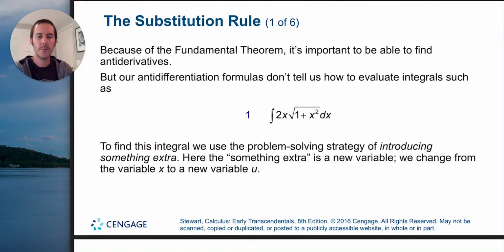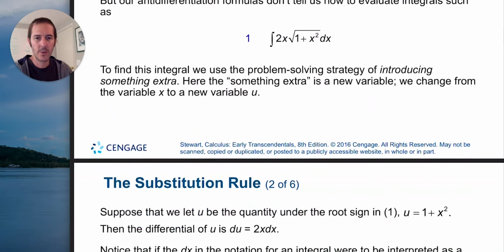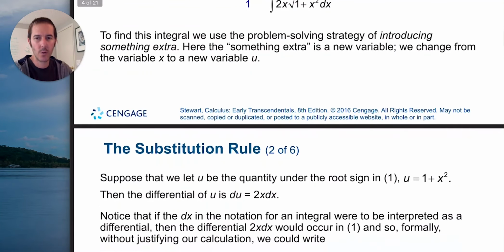So the first few slides in here, the first 6, are talking specifically about the substitution rule, and it's building on the fundamental theorem, and it definitely is sort of a demonstration of the reverse chain rule.